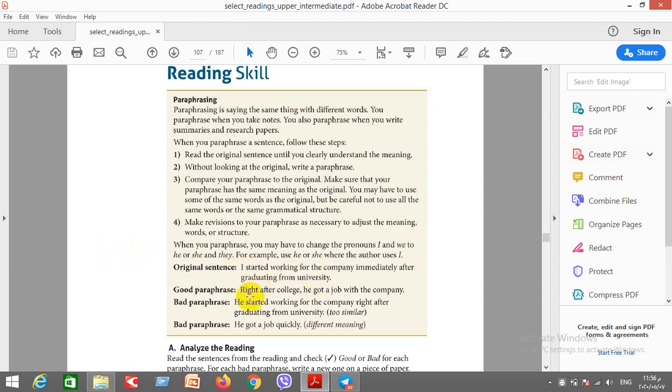Here it will be "he." This is a good paraphrase: "Right after college, he got a job with a company."